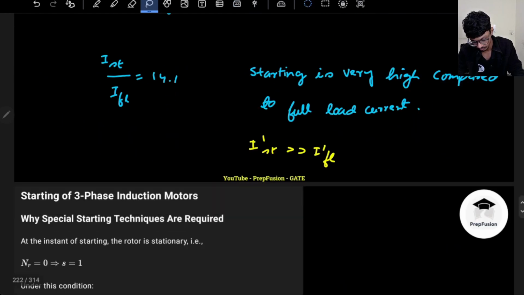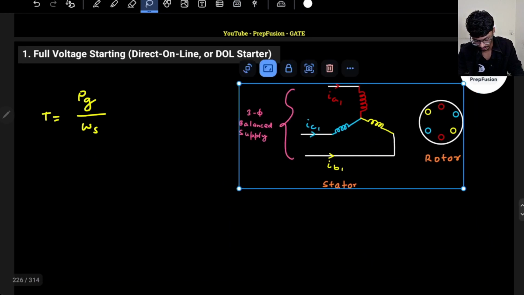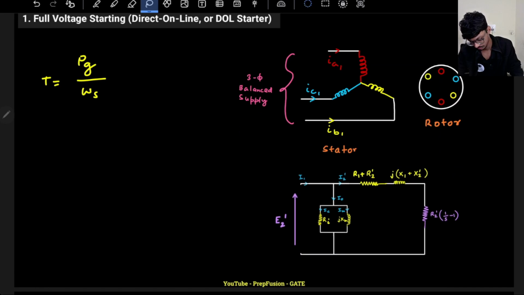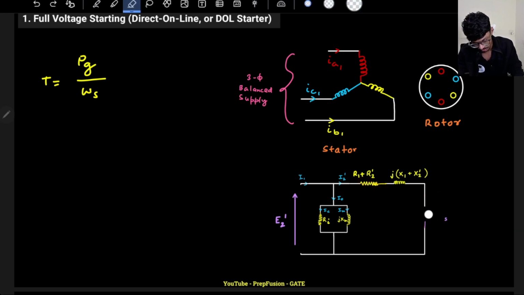Equivalently, the resistance will be R2 dash divided by S. I'm ignoring the stator resistance and the stator reactance for a second.